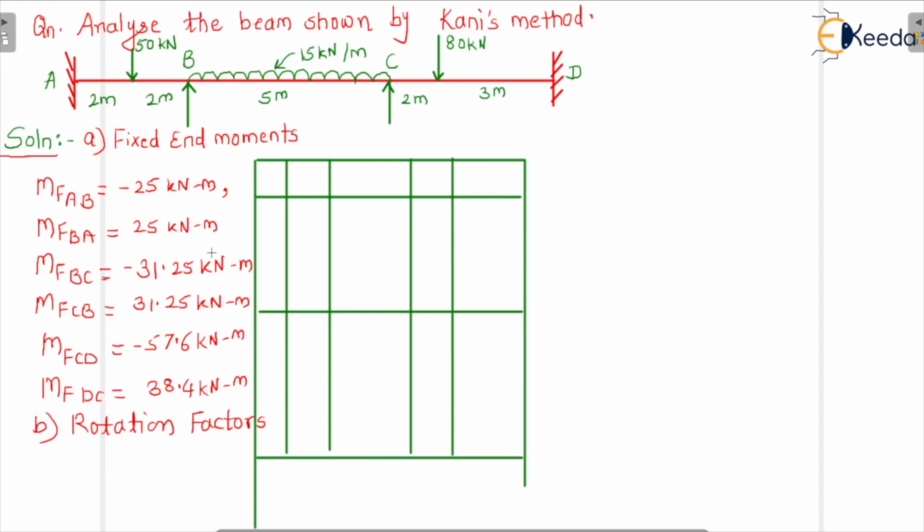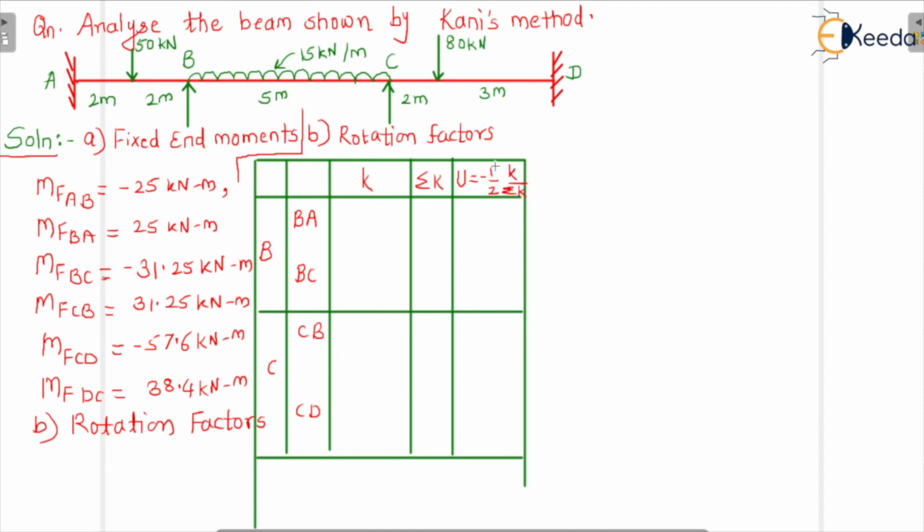Here supports are B and C. From B there are members BA and BC. This is for intermediate supports. So BA, BC, then CB, CD, then this is K, this is summation of K, and this rotation factor is U, which is equal to minus 1 by 2 K by summation of K.